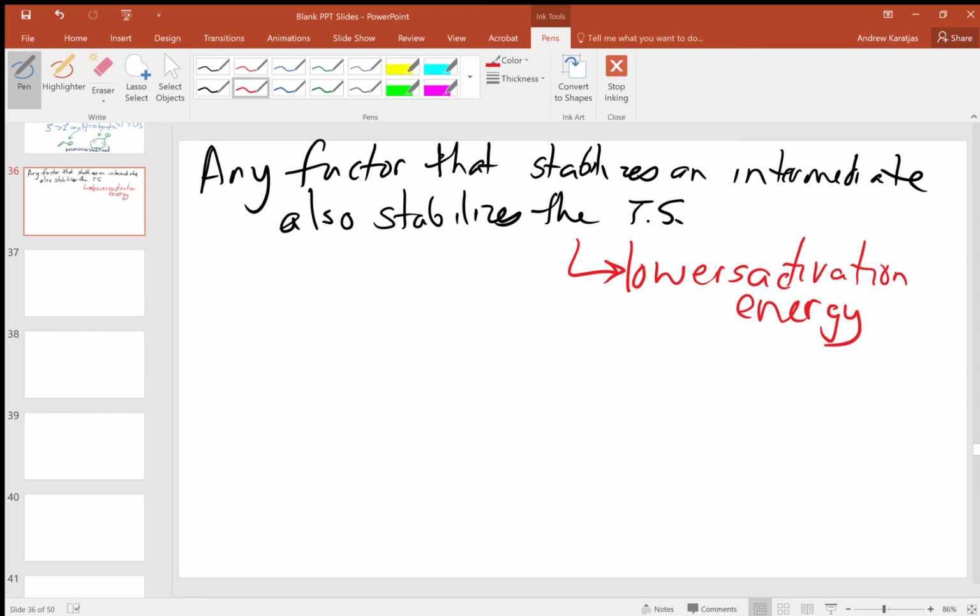So what's happening with the degree of substitution is as we increase substitution, the carbocation intermediate becomes more stable.